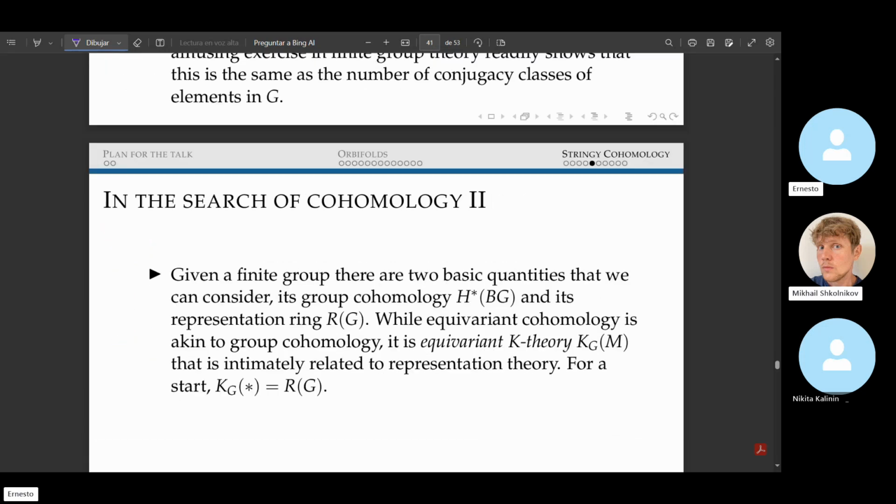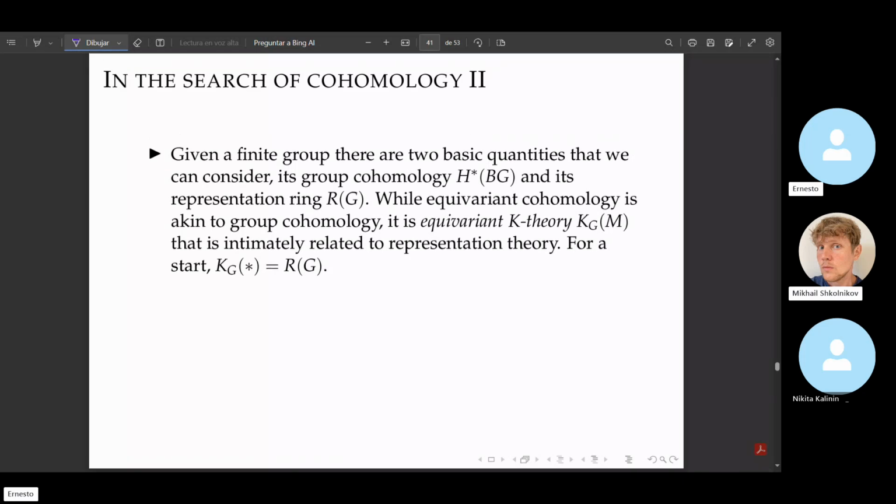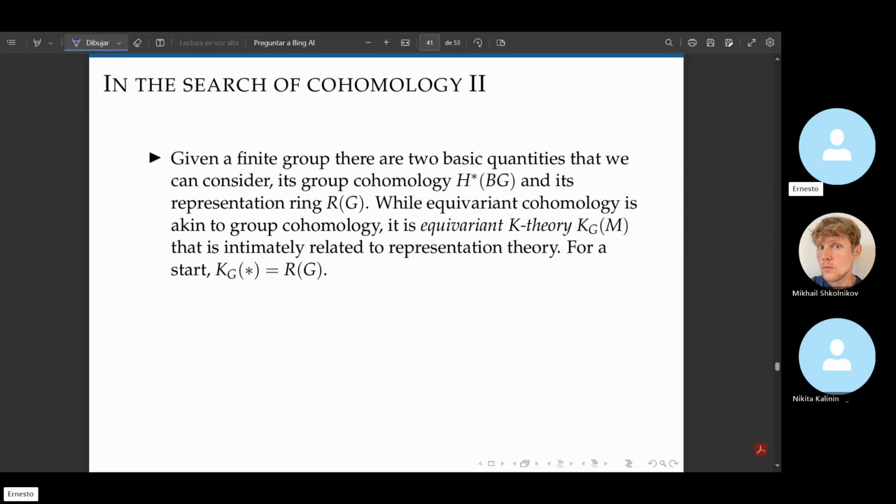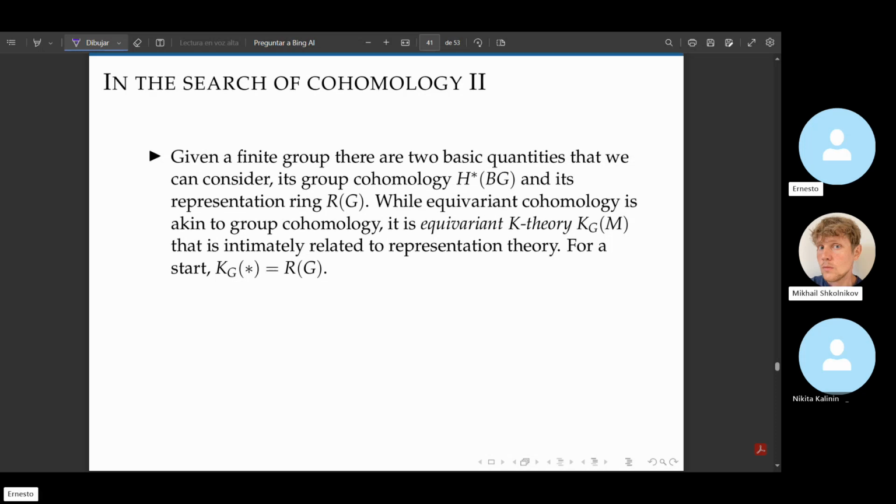So what does one do? Given a finite group, there is the group cohomology, super hard, and there is the representation ring, isn't it? And the representation ring is the equivariant K-theory of a point acted on by G. That's the representation ring.